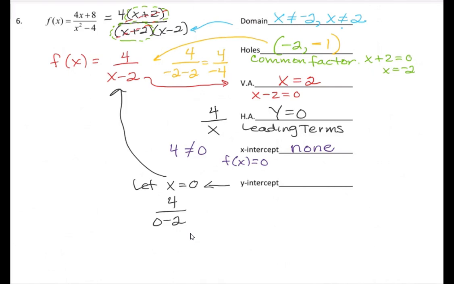So after I've found the x value of that hole, to find the y value, the asymptotes, and the intercepts, I'm just going to keep referring to that simplified version of the function. So I get 4 over -2, which is -2, so my y-intercept is located at (0, -2).